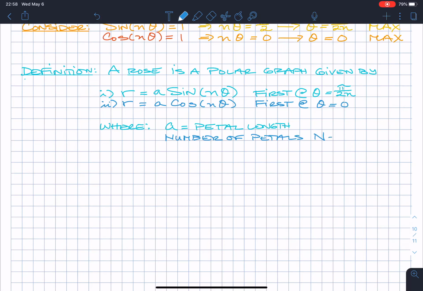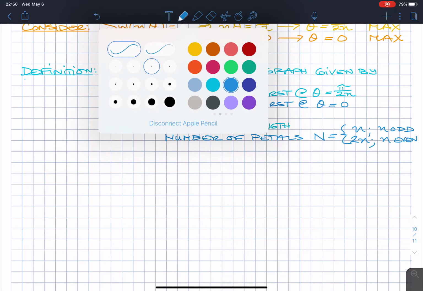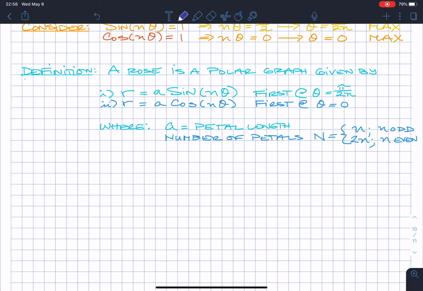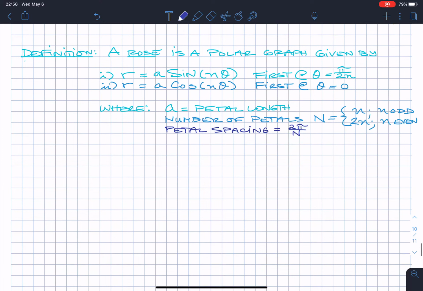N is going to be either n if n is odd, or 2n if n is even. Then next we have the petal spacing. You have the number of petals divided evenly into 2 pi radians, so 2 pi divided by N. And each of these is through the pole.